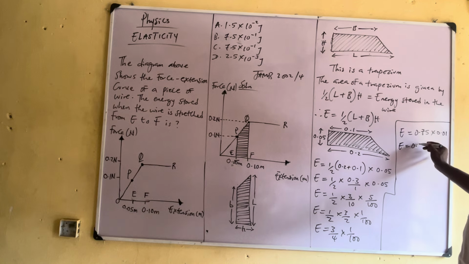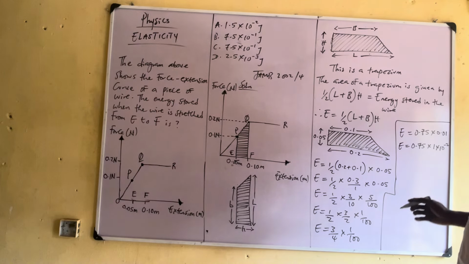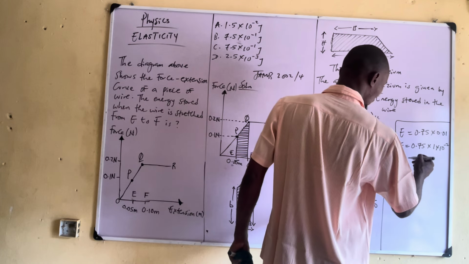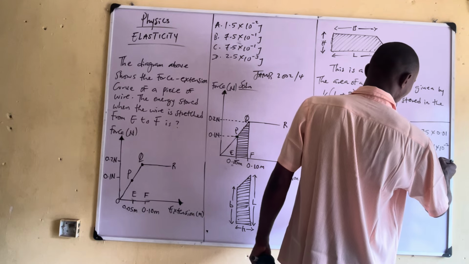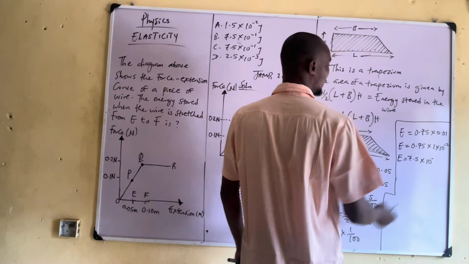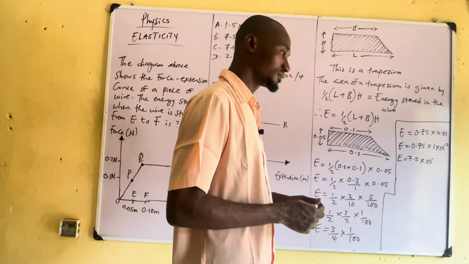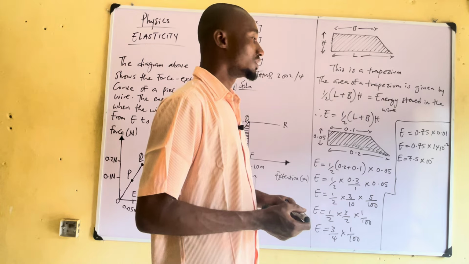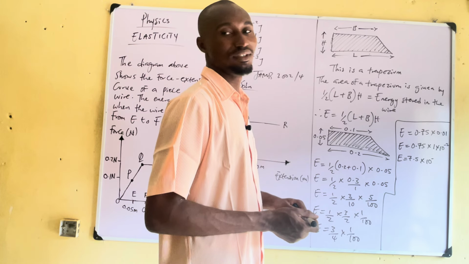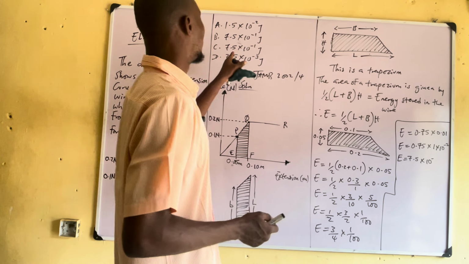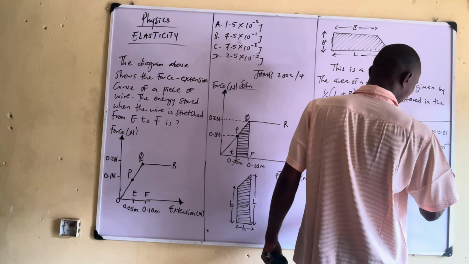So E is equal to 0.75 times 1 times 10 raised to power minus 2. Now 0.75 means 7.5 times 10 raised to power minus 1. Press it in your calculator and see.